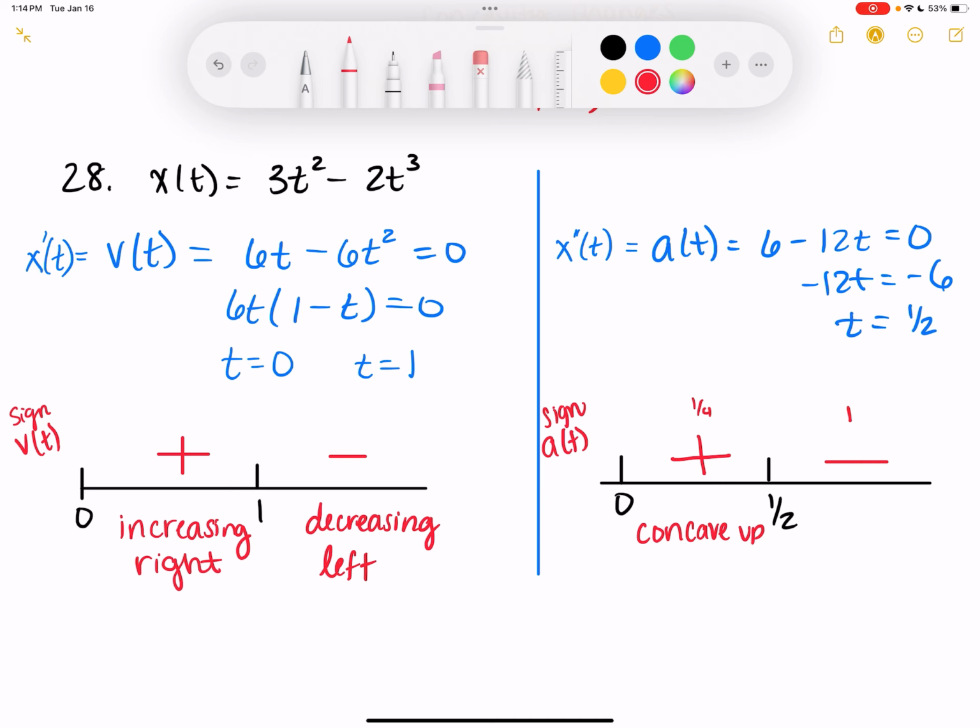Acceleration. So it is speeding up, accelerating. Yes, you're right. It is accelerating. So over here, what's happening in this one? It is decelerating, and it is concave down. Okay, remember, down is decelerating.